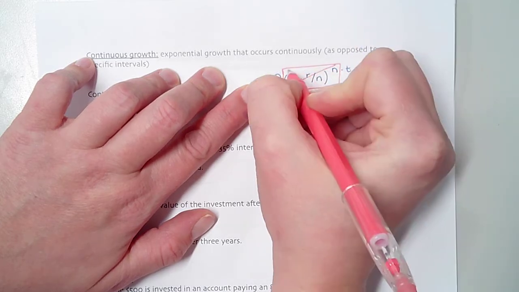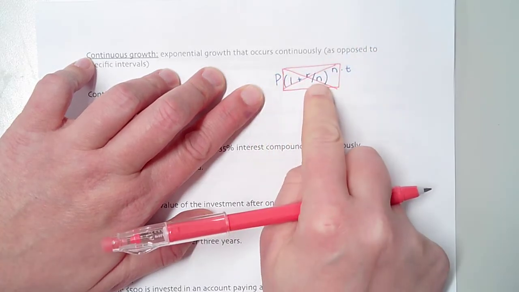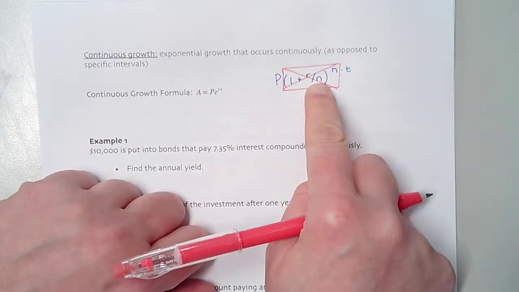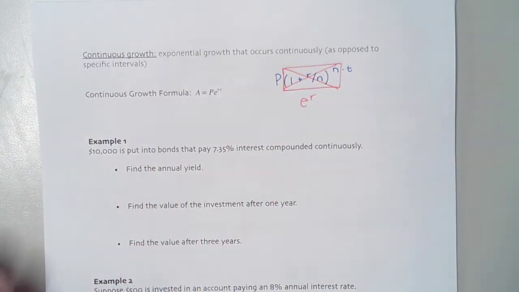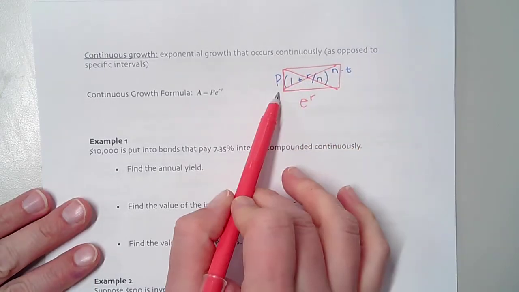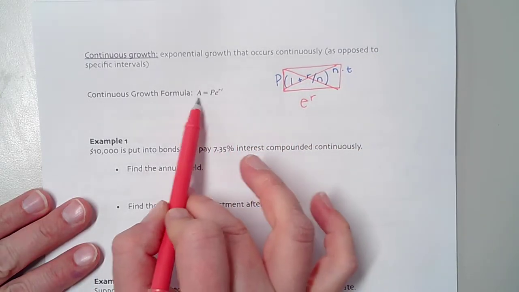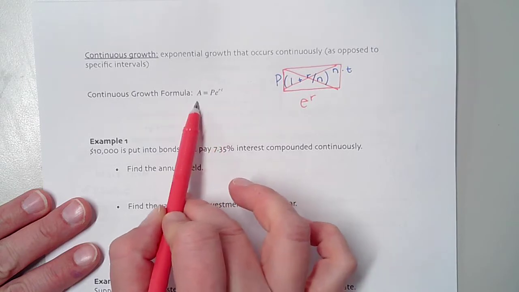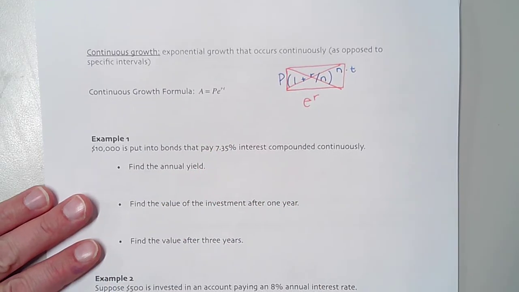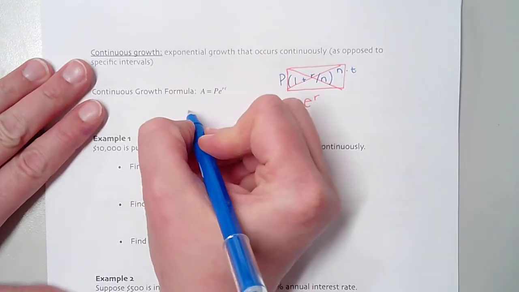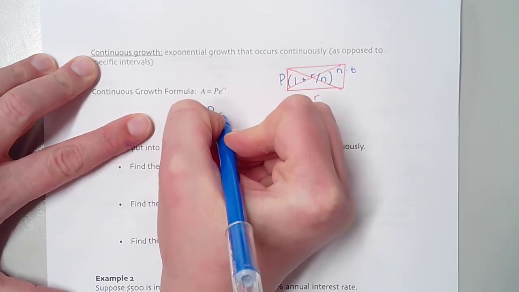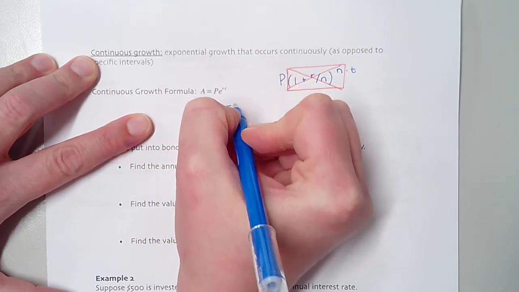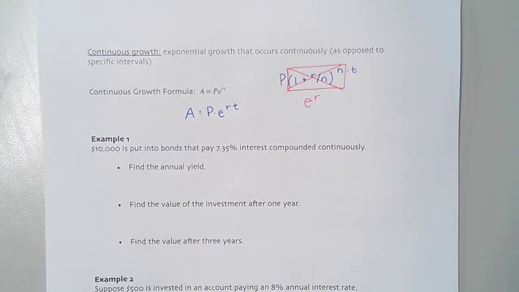We just said that with this piece here, if I make the n get bigger and bigger and bigger, it really becomes like e to the power of r. If I took this piece out and replaced it with e to the power of r, I would have this formula right here. That might be a little bit hard to see on the video screen, so let me just write it bigger. It's P times e to the power of rt, okay?